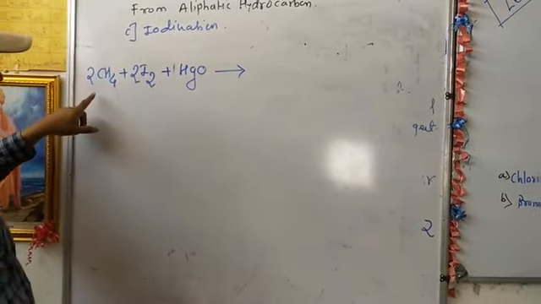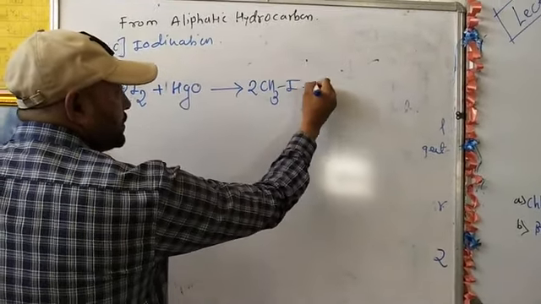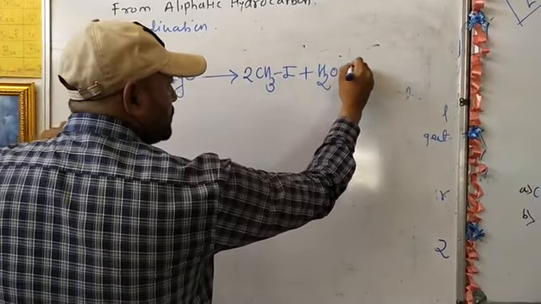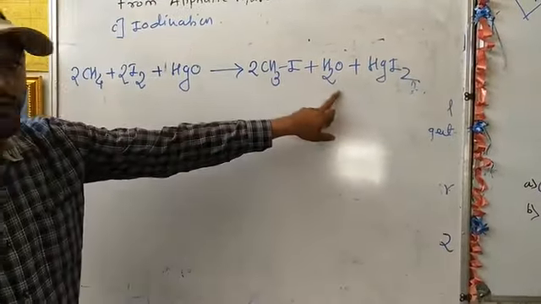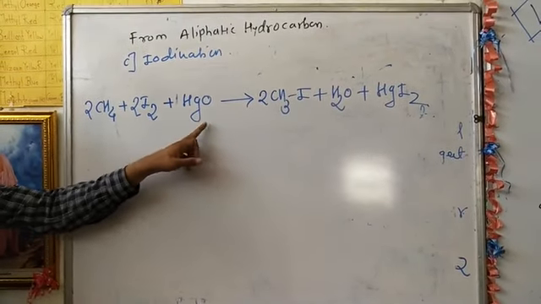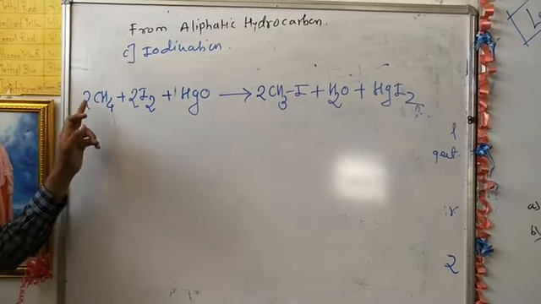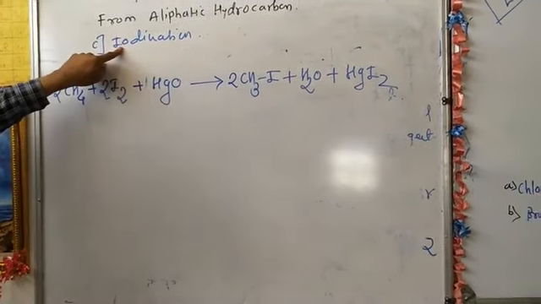So the product formed is 2 times CH3I plus H2O plus HgI2. So here HI is not formed due to the use of this oxidizing agent, mercury oxide, and here methane is converted to methyl iodide by the iodination reaction.